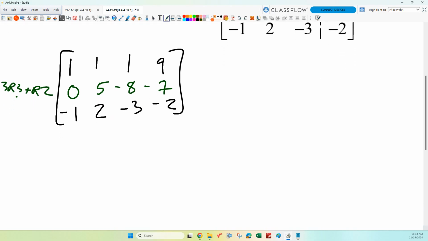Okay, we said we also need a 0 there though, right? What's a pretty simple row operation to get a 0 there? R1 plus R2. Everybody see that? Okay. So down here we'll just do R1 plus R3.